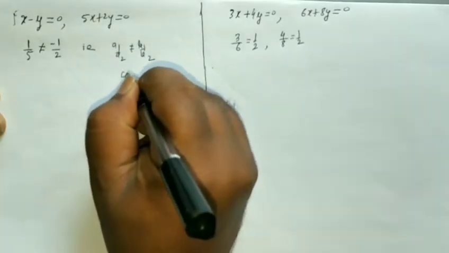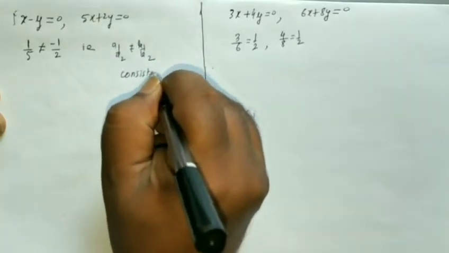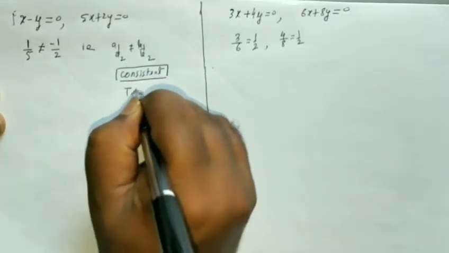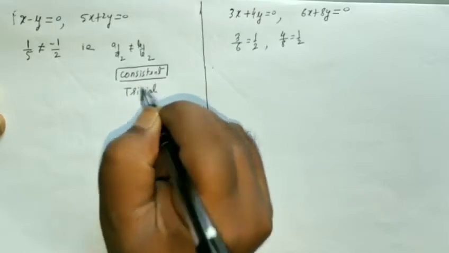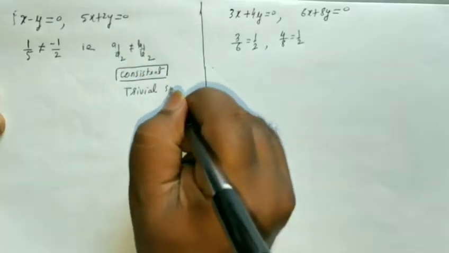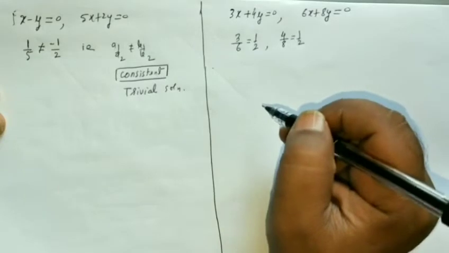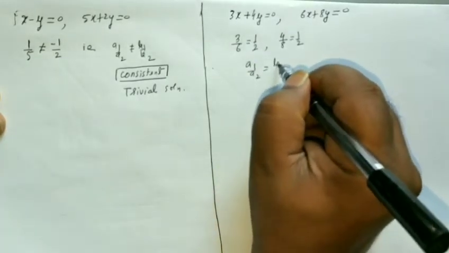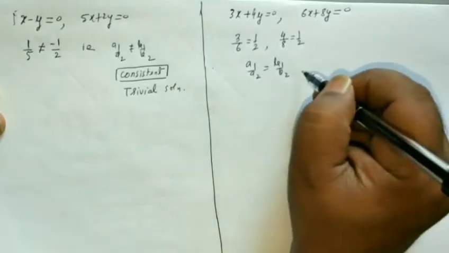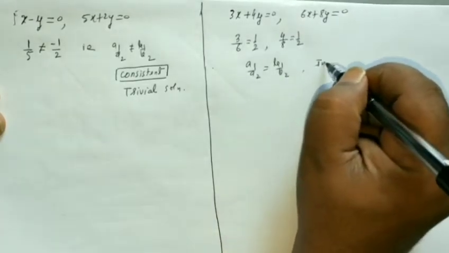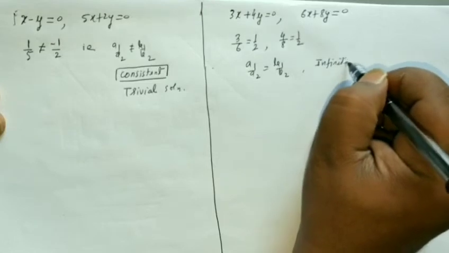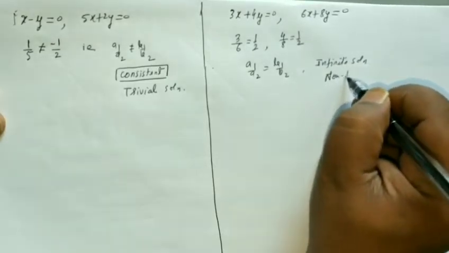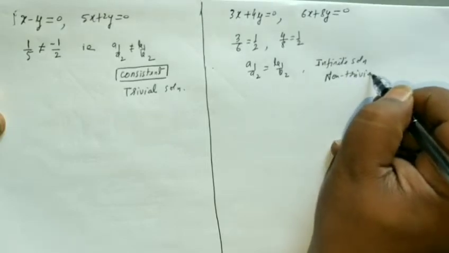It is consistent, and we say trivial solution in the case of homogeneous. Whereas here, when a1 by a2 is equal to b1 by b2, we say infinite, and it is non-trivial. We say non-trivial solution.